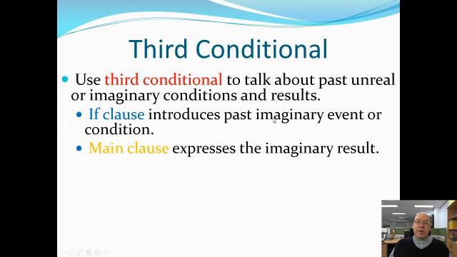So here we have the event or condition or situation that's in the past. It's imaginary, it's not real, something that you just think of. And here's what might be what happens after this imaginary event. So the if clause is the imaginary event, the main clause is the imaginary result.